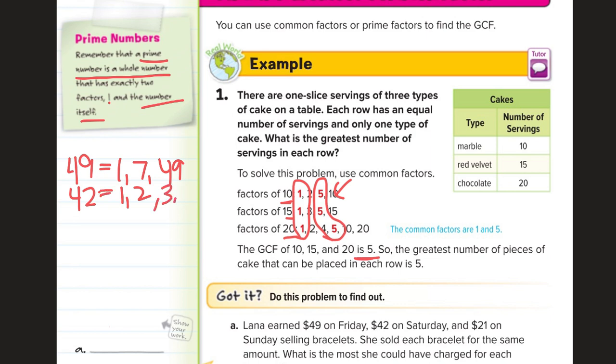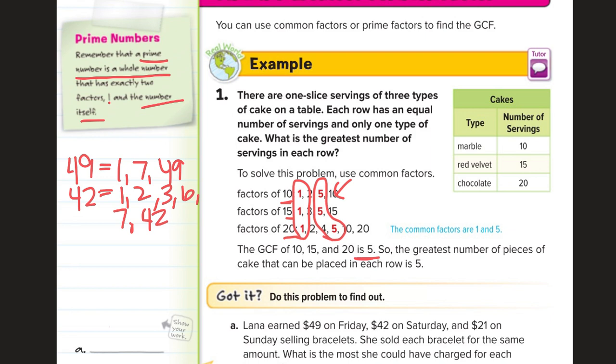Yeah. 4. Nope. 5. Nope. 6. Yes. 7. Yep. 6 and 7. Yep. 8. Nope. 9. Nope. 10. Nope. I'm going with 42 next.